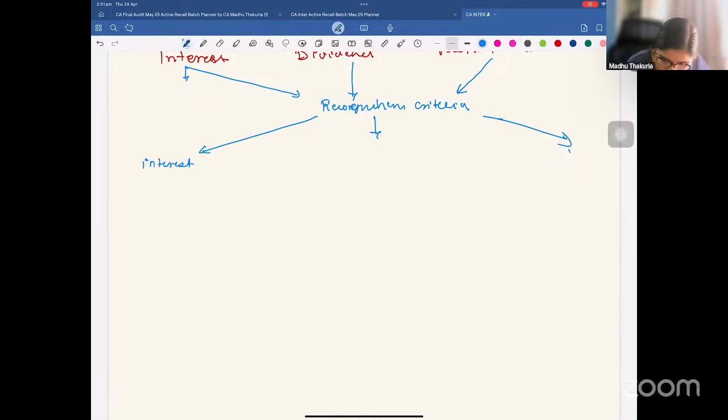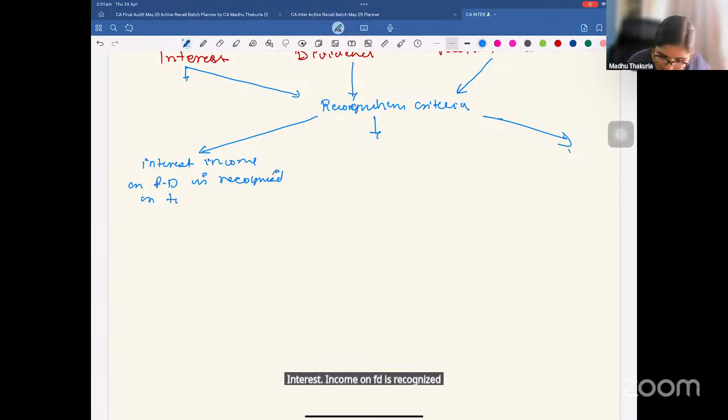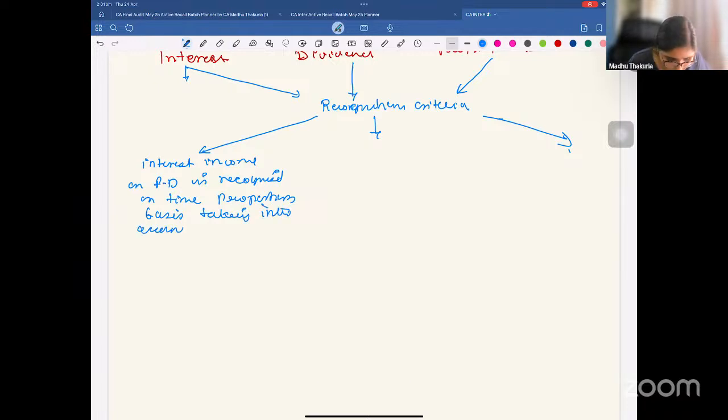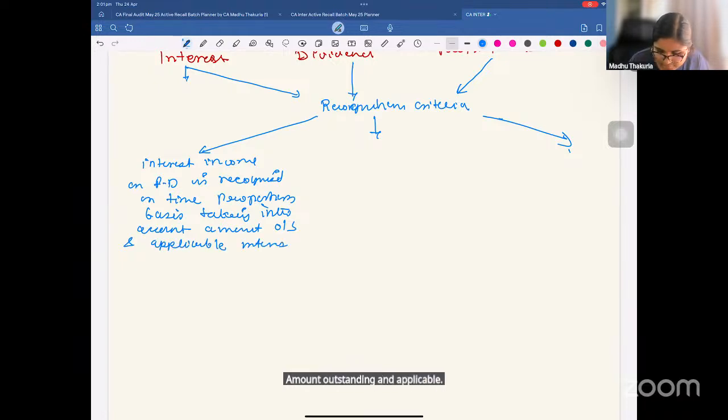Interest income on FD is recognized on time proportion basis, taking into account the amount outstanding and applicable interest rate.